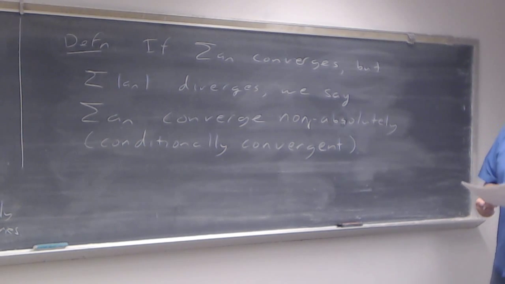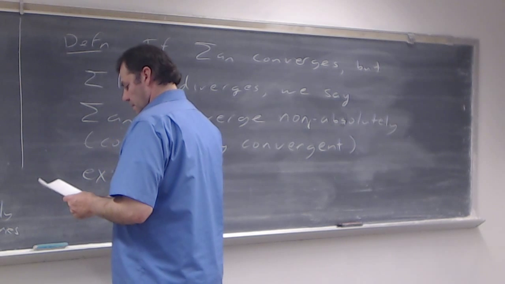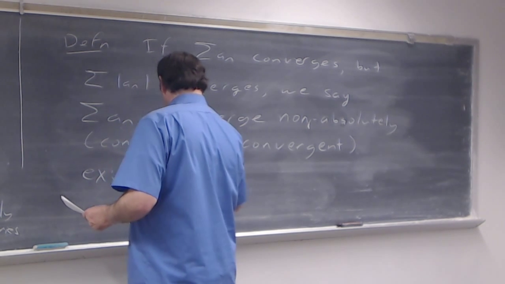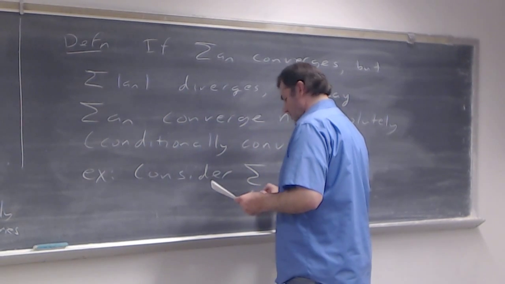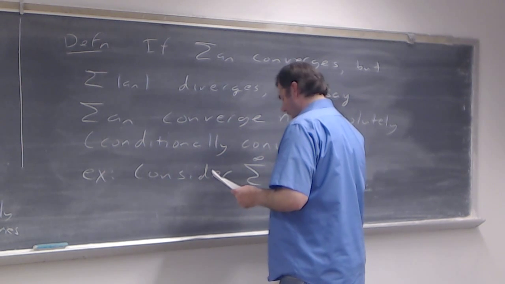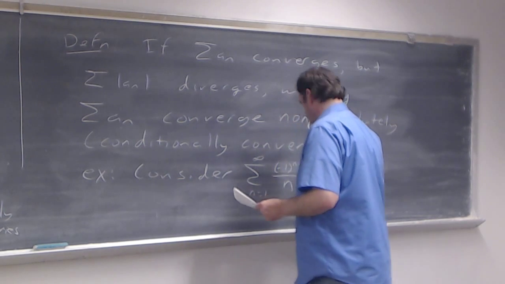Okay, let's look at an example of that. We consider the series as n runs from 1 to infinity of minus 1 to the n plus 1 over n.